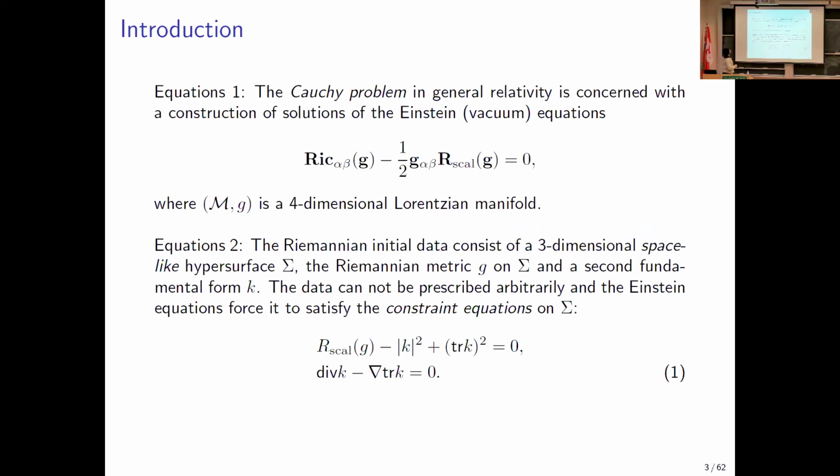Okay. So the ultimate goal is equations 1, which are the Einstein equations. Here I have written them in vacuum. We can assume that D1 and D2 are four-dimensional Lorentzian manifolds in which you have a Lorentzian metric which satisfies these equations.